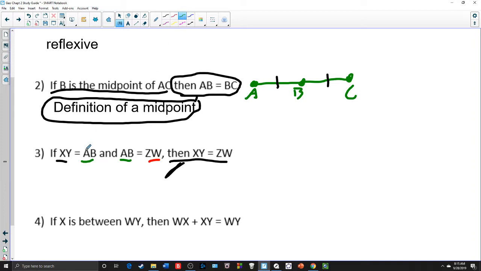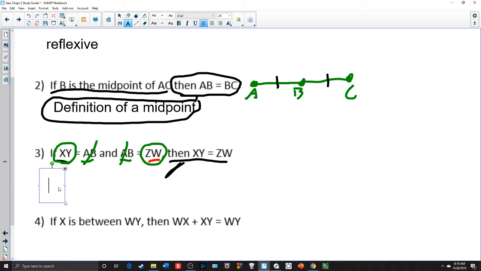Well, once again, you can cut out the middleman, and you're left with XY and ZW. And that is transitive property, because you have three things going on. You have one acting as your base. So AB here is acting as our base segment. It's what XY is equal to, it's what ZW is equal to. So we cut out that middleman, and we get our two original segments, which is transitive.